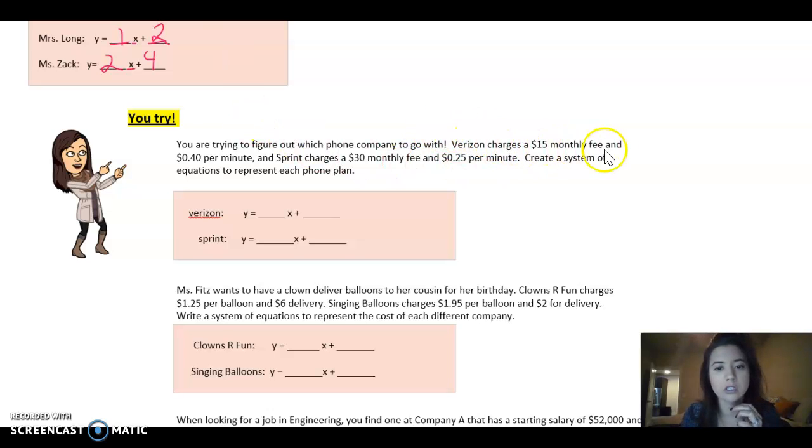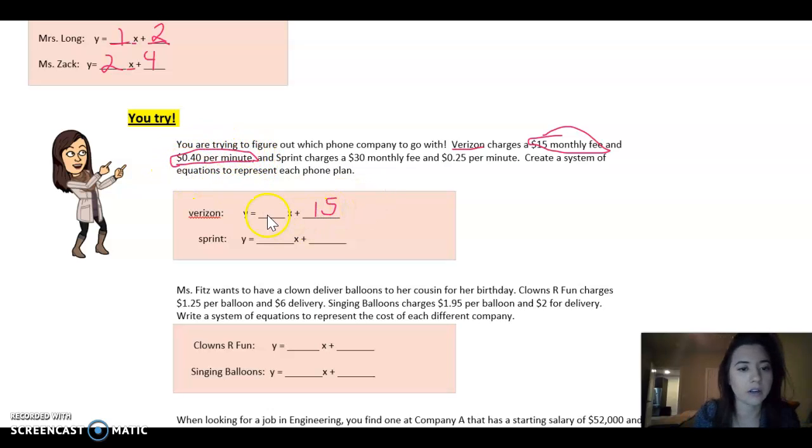So its starting fee is this $15 a month, and that's for Verizon. So for Verizon, its starting value is 15. That's how much you start by paying, and then we add on the 40 cents per minute after that. That's its rate for minutes. So that is going to go right here.